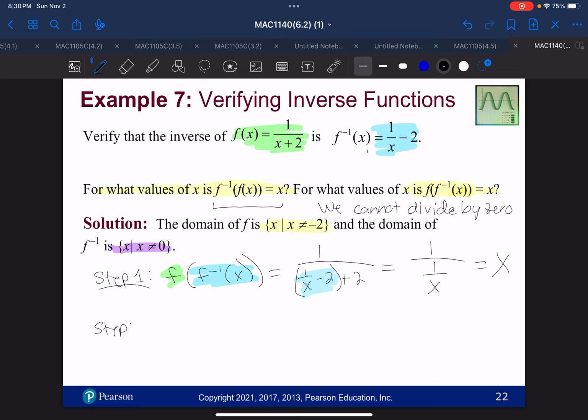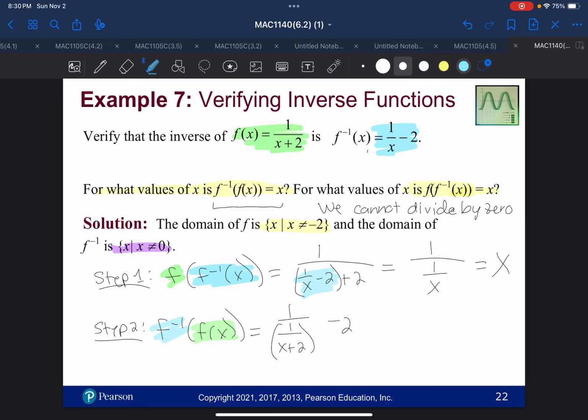Step 2, we will find the inverse of f of x. So now we will be plugging in f of x into the inverse of x everywhere we see x. And so we get 1 over x plus 2 minus 2.